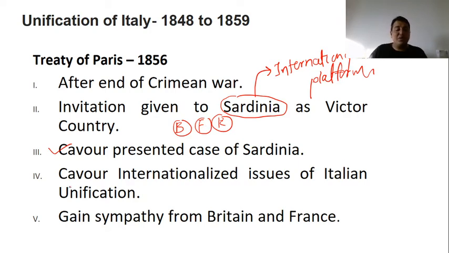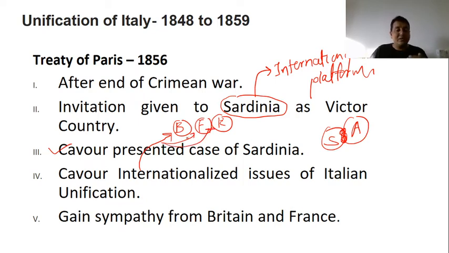So basically he internationalized the issue of Italian unification. Earlier the issue was basically between Sardinia and Austria, a local issue between these two. Now the issue gets internationalized, because it was presented in front of the international powers of that time.